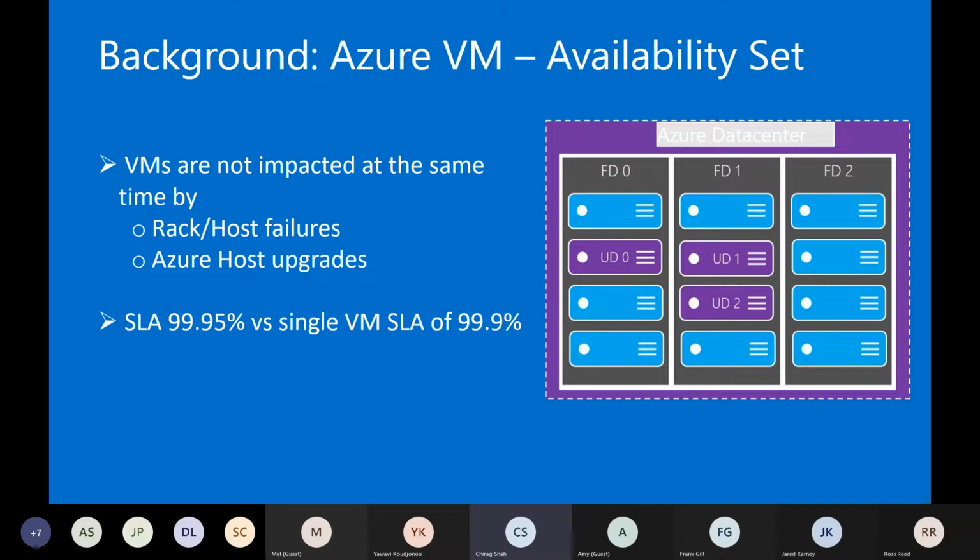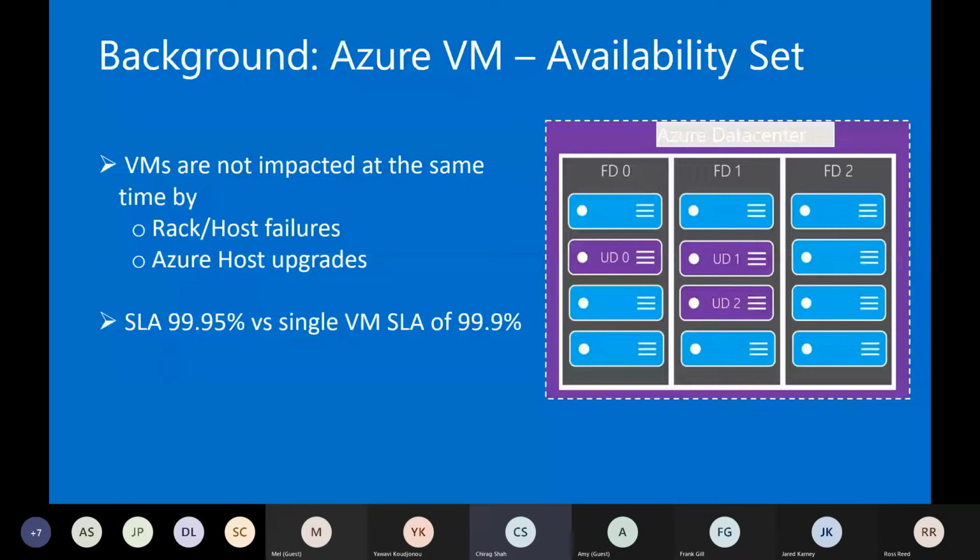So you have to be very mindful what happens if the underlying host gets patched or needs some upgrades. You may have a hardware failure like a power supply or something. So when you put a VM into an availability set, what we do actually is there are two VMs behind the scenes which get deployed in different racks.